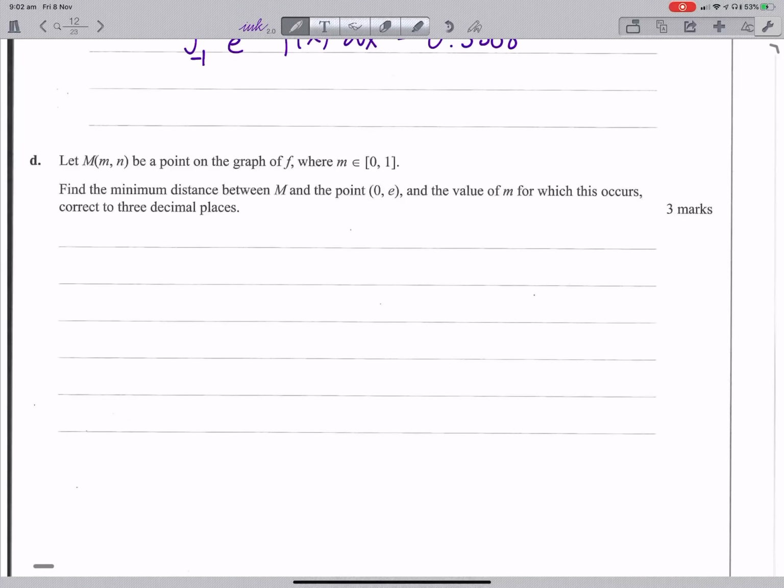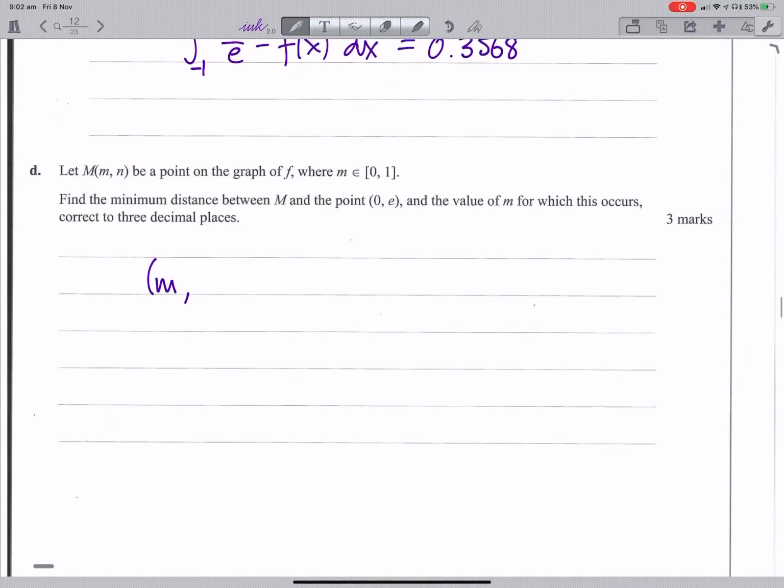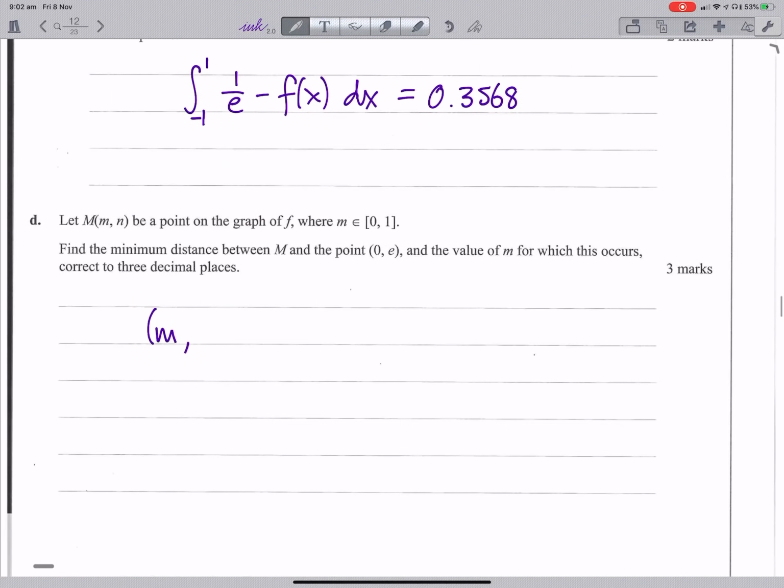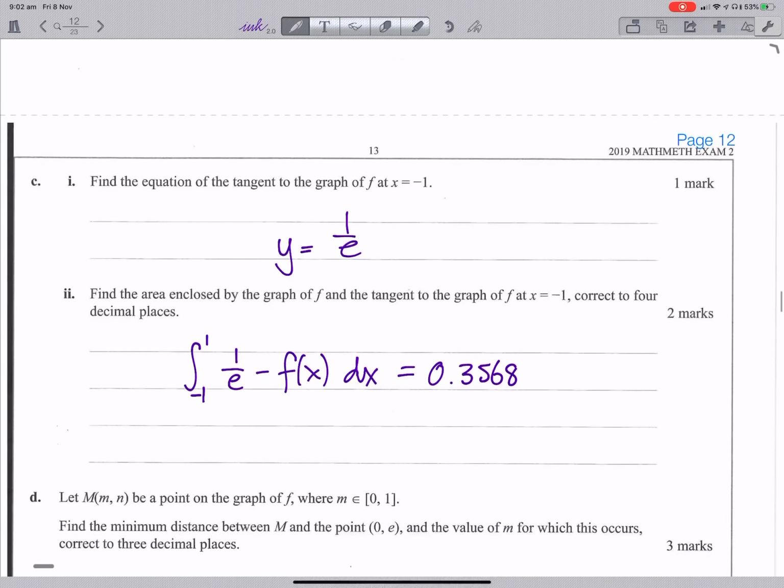Find the minimum distance between the point M. Let M be a point on the graph of f where m is between 0 and 1. So we would have m, what's our function again? M squared e to the negative m squared. That's right, isn't it?